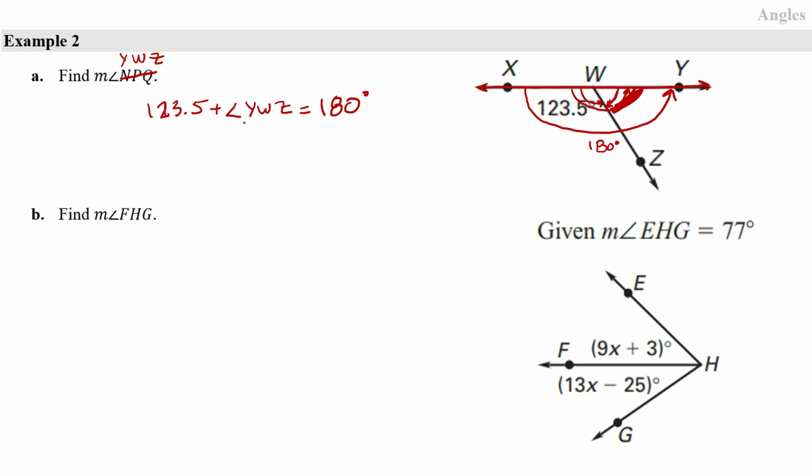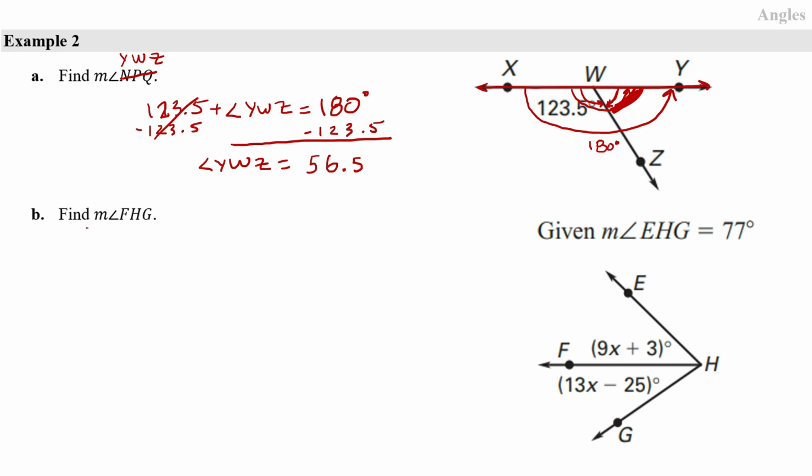Now, how can I get YWZ by itself? Well, I can subtract 123.5 from both sides, and that will cancel out that left side. And I get angle YWZ equals 180 minus 123.5, which is 56.5.